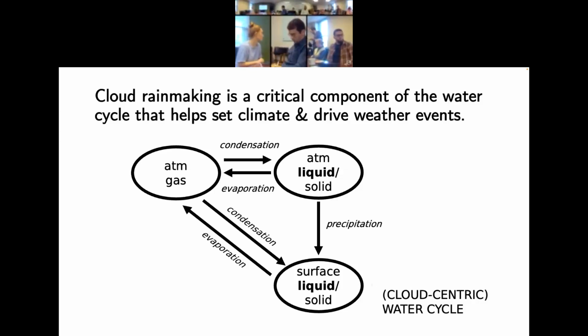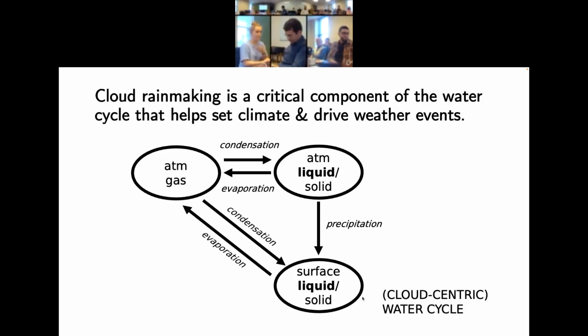And one thing that we can emphasize is that the connection between our clouds and surface water reservoir, unlike these other connections, the precipitation transferring water from cloud to surface isn't a reversible process, and this makes it a key link in driving the behavior of this water cycle that's so important for planetary climate.